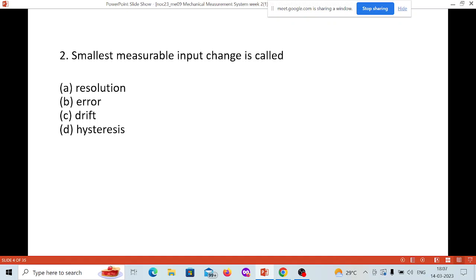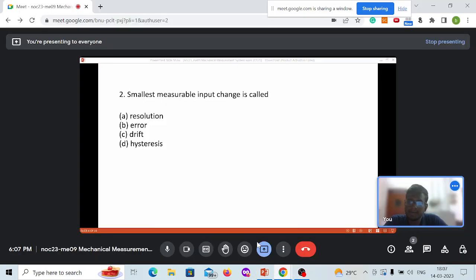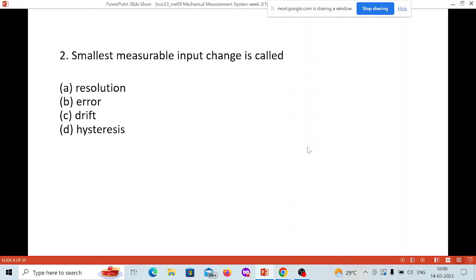So the smallest measurable input change is called A. resolution, B. error, C. drift, D. hysteresis.